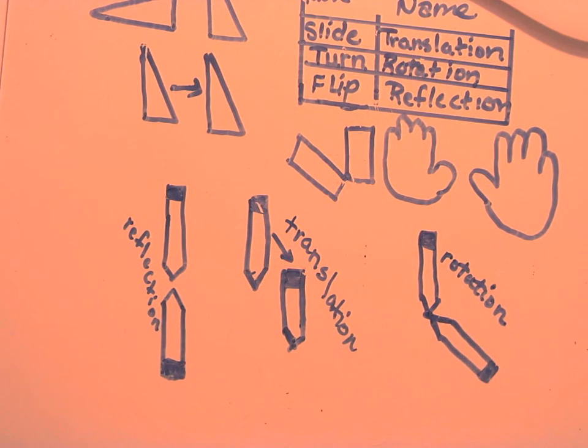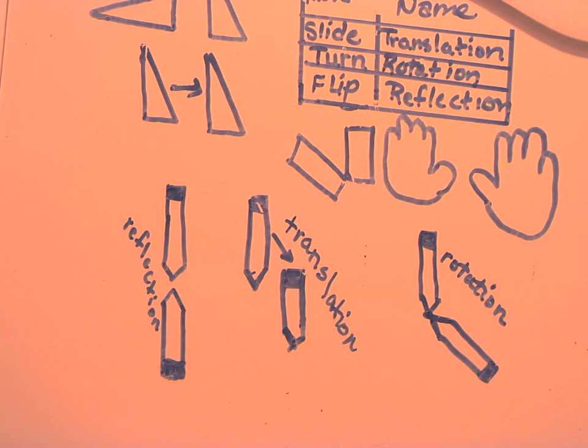A lot of times we can find, and sometimes we have both, a reflection and a rotation, or reflection and translation. It all depends on what you want to use. Sometimes it's fun to cut out shapes and then draw the outsides of them, and then flip them and draw it, or slide it and draw it, or turn it and draw it. And you can actually see what it looks like to have a rotation, a translation, or a reflection.